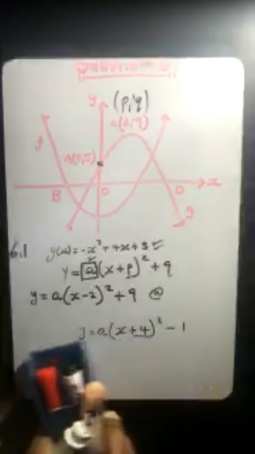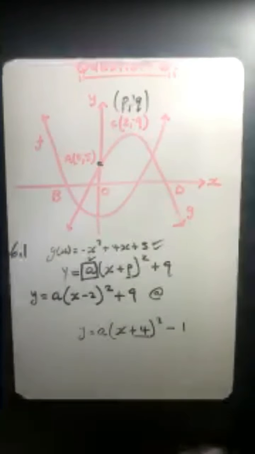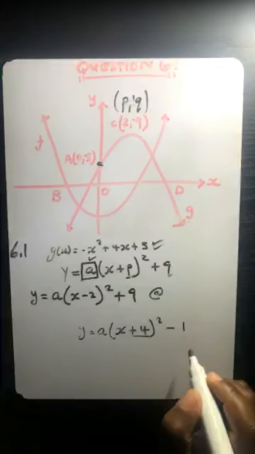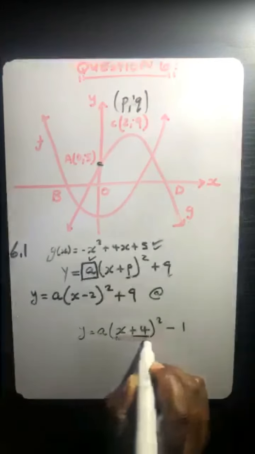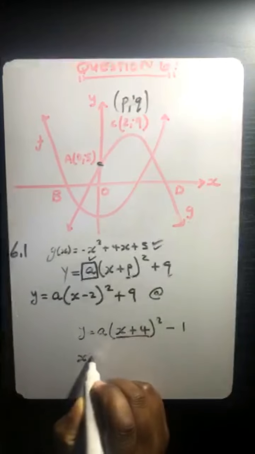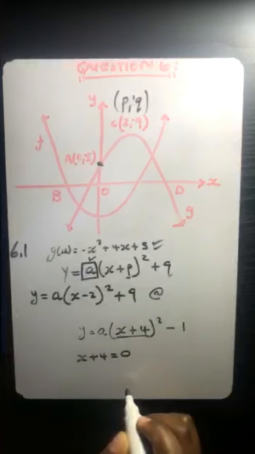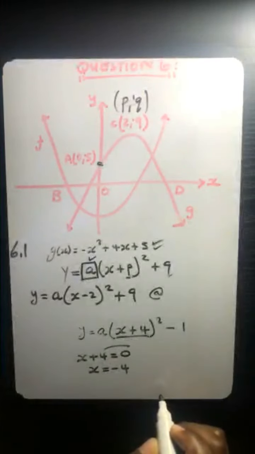So, just make sure tomorrow to confirm with your teacher whether we really take it as it is, or we take it with its opposite sign. So you don't take it as it is. You equate that to 0 and say x plus 4 is equals to 0. Then you solve for x, where you transpose, and then x is equals to negative 4.